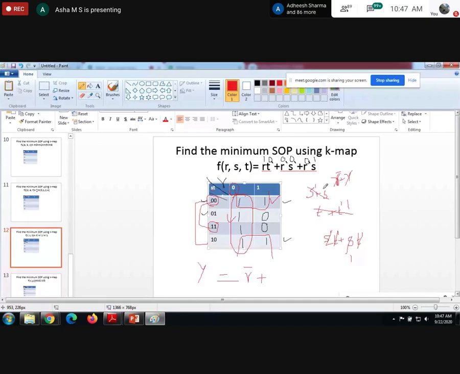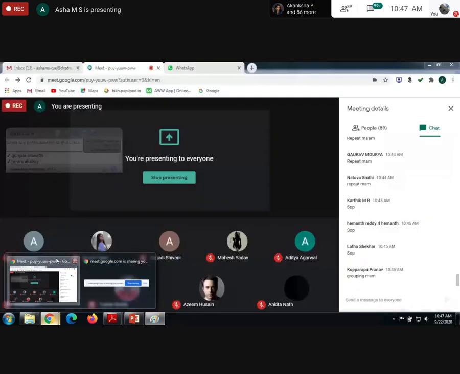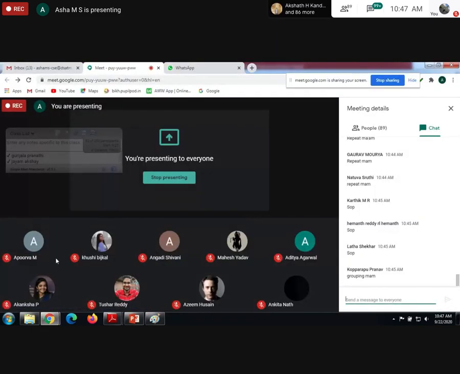Then you have to compare these two. When you are comparing these two, look at the S value, 0 and 1. Even this will get cancelled. You are left with only T. So what is the value of T? That is T bar. Is it clear now?